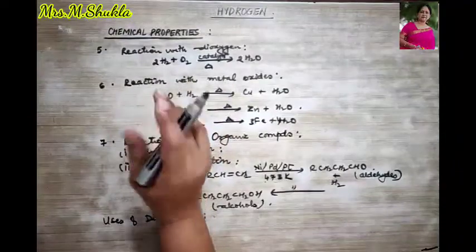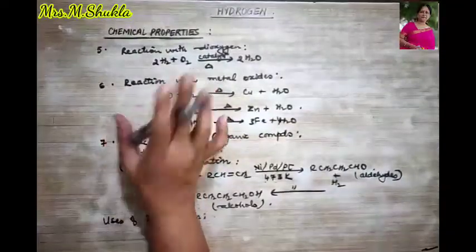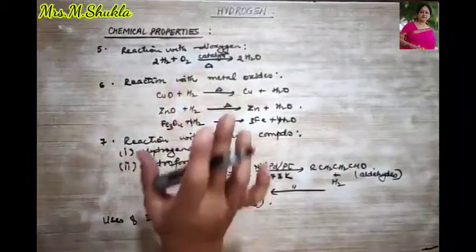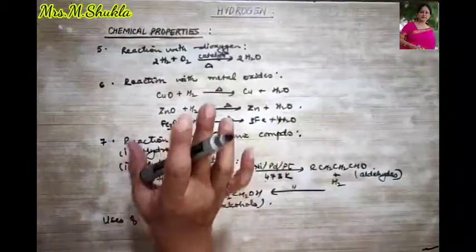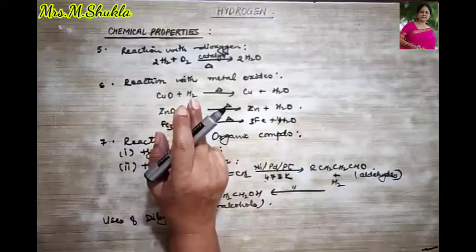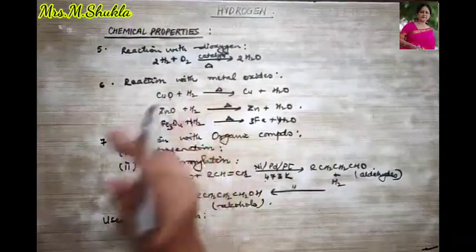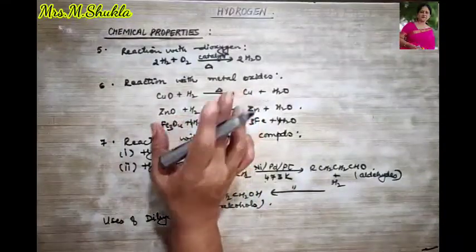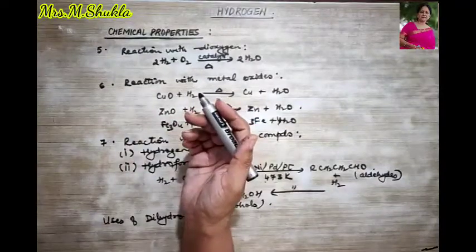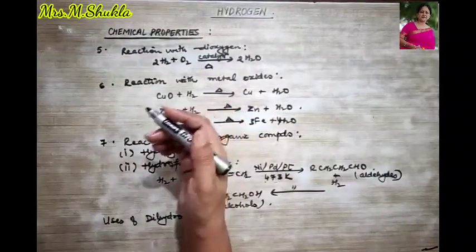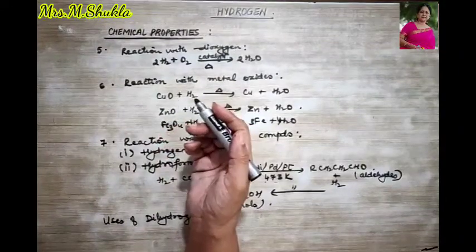That means it leaves the environment clean, giving only water as a combustion product. Secondly, the heat of combustion of hydrogen, right, per gram is higher than any other fuel. So the only pollutant will be the oxides of nitrogen, that is N2O or NO2, due to its impurity.